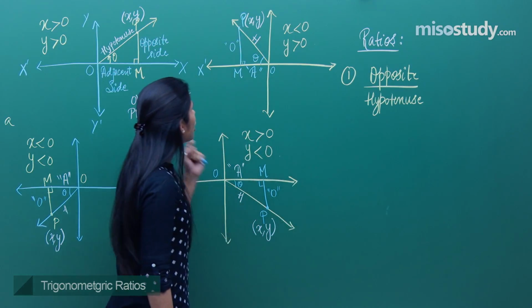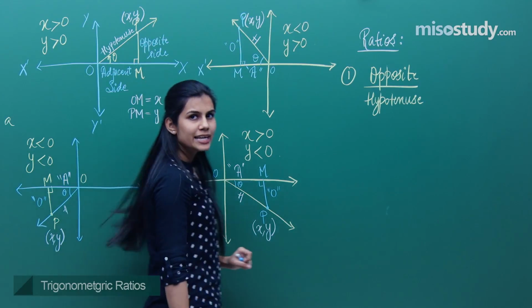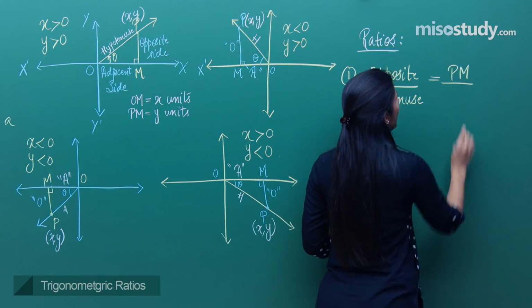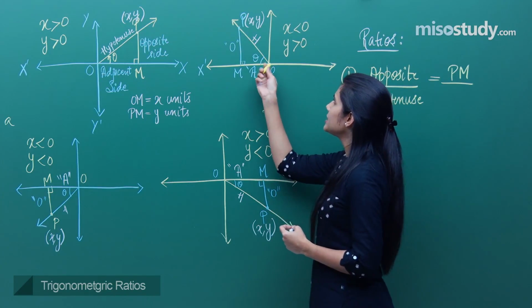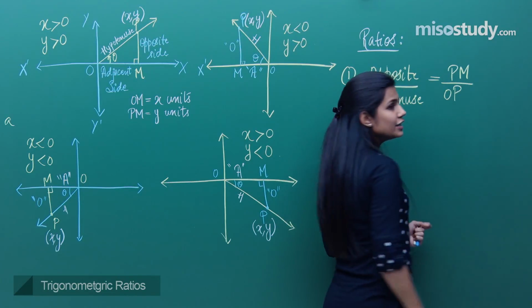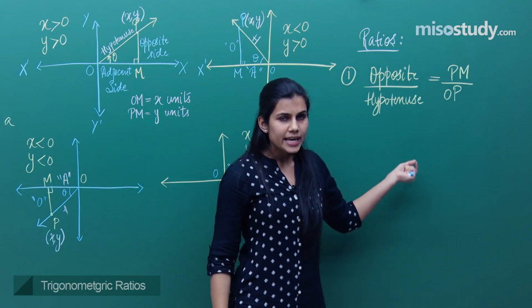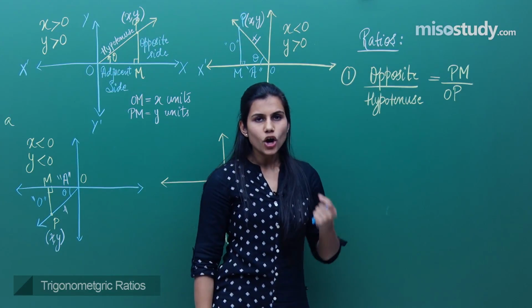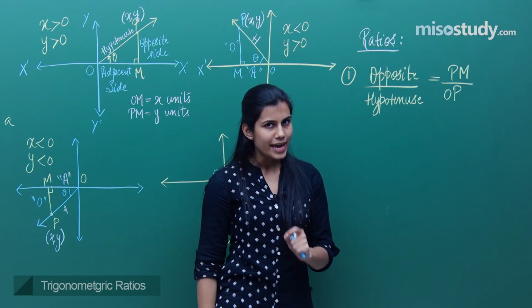In every case, the opposite side is represented by the side PM and the hypotenuse is represented by the side OP. So in the very first case, I am taking the ratio of the side PM with the side OP of the triangle of reference OMP.